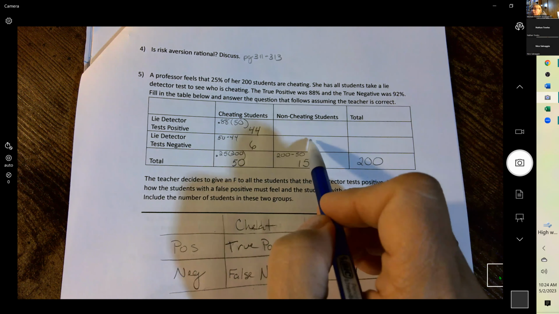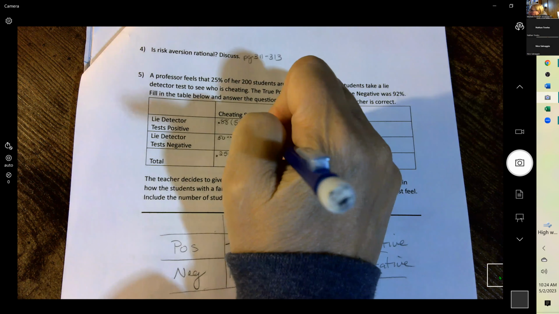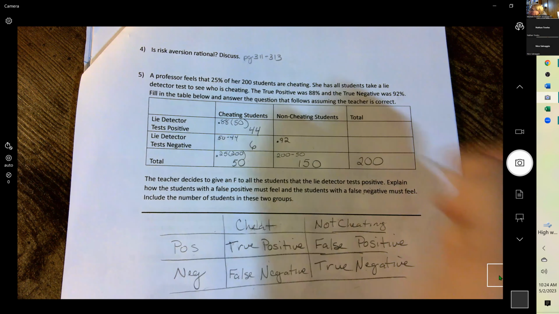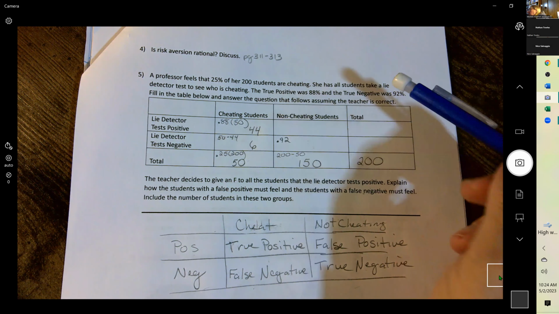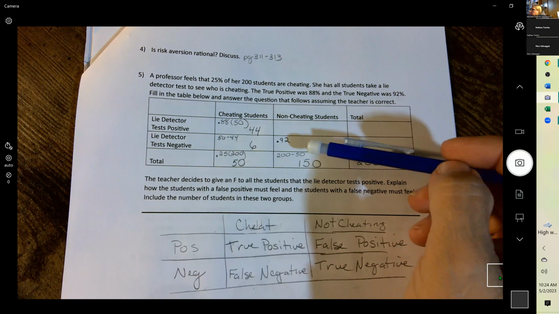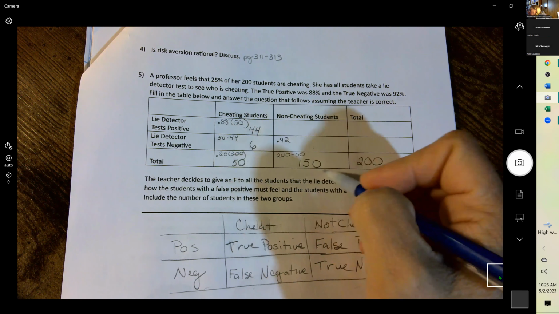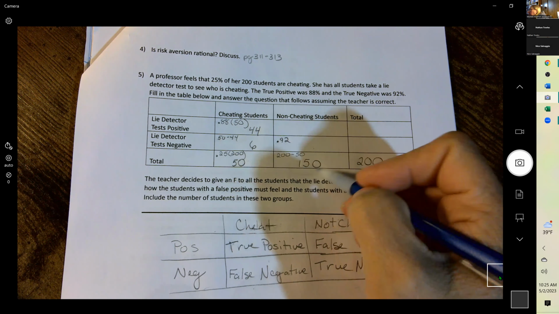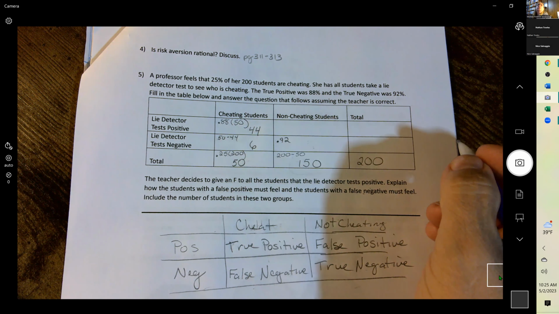True negative is here. You tested negative and it was correct 92% of the time. What a true negative means is you don't cheat. What's the probability it's correct? That means you're only using the people who are not cheating. So it's 92% of the 150. 138.